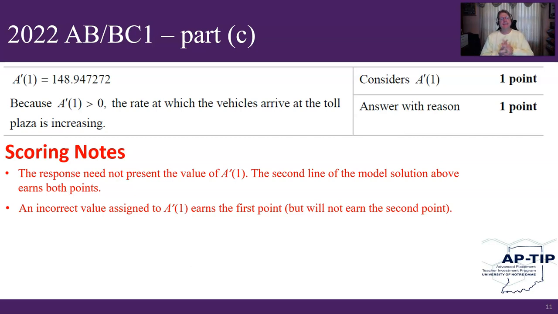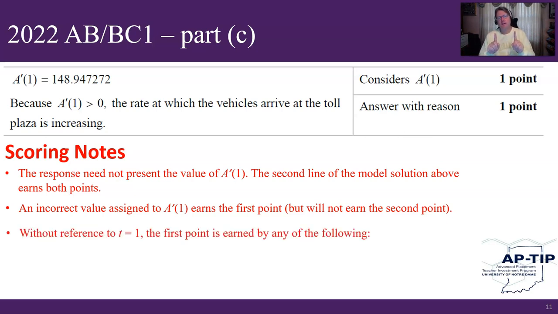But even if they have an A prime of 1 that is positive but incorrect outside of being in degree form, we're going to go ahead and not award that second point, right? Even though they might have gotten lucky that their incorrect A prime of 1 was still positive.